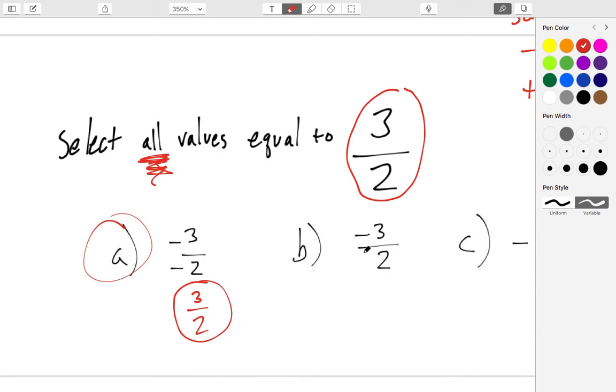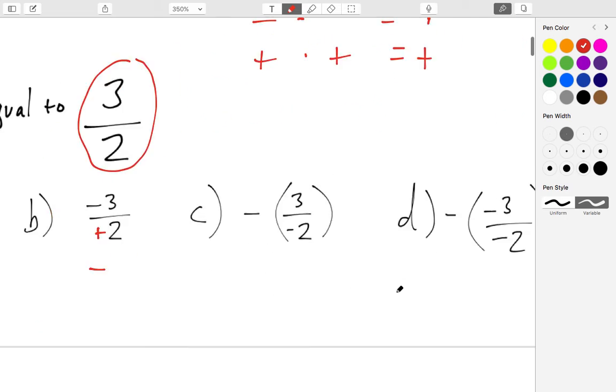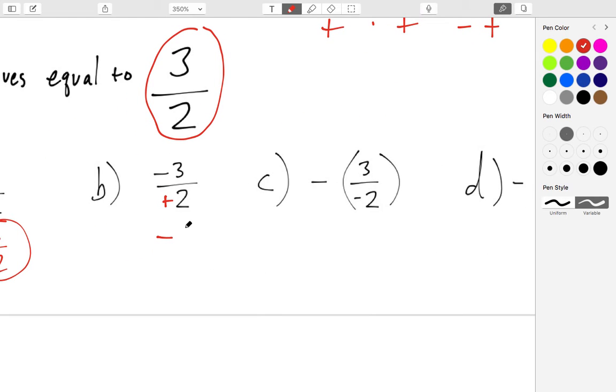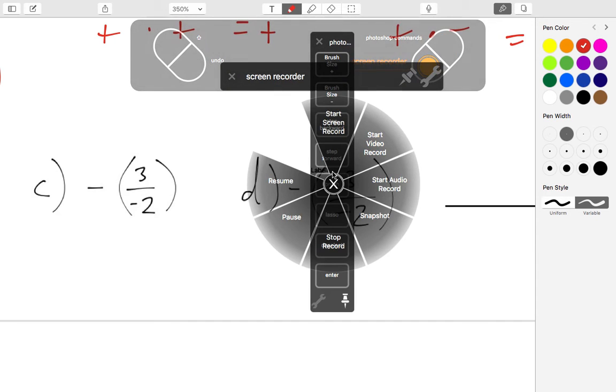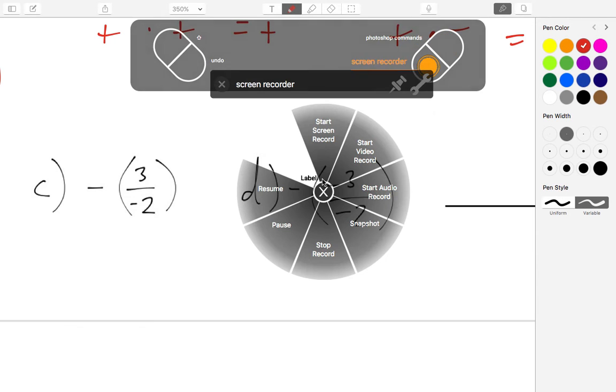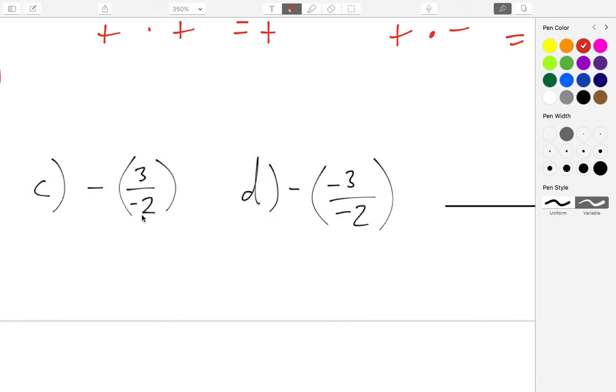Okay, now here, what is a negative divided by a positive? Negative. So we have negative 3 over 2. Is that equal to 3 over 2? No. What about C? All right.